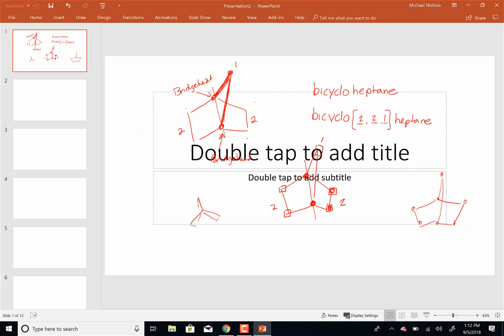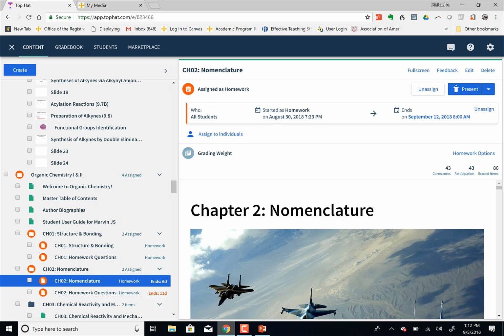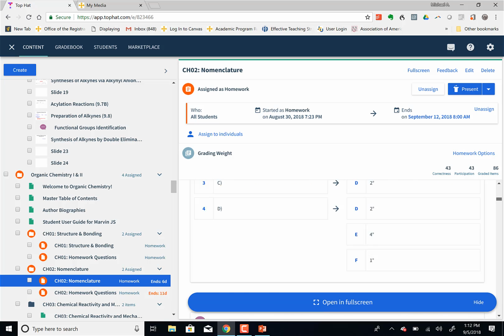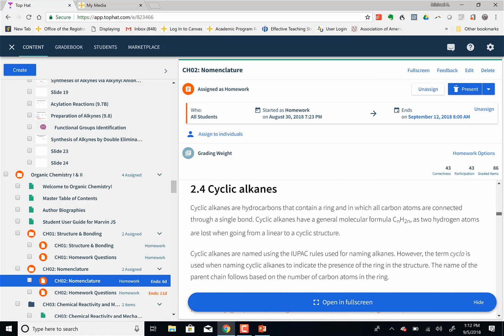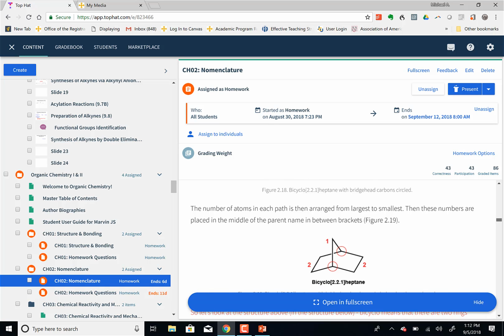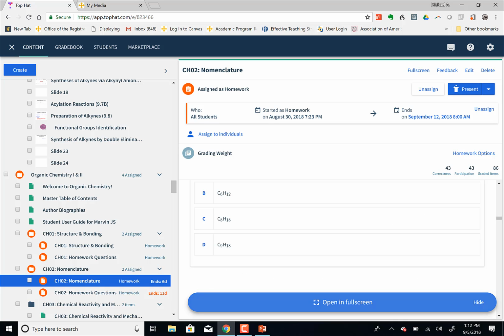Substituent numbering is laid out in the book in terms of how you would do those. So let me go to full screen.